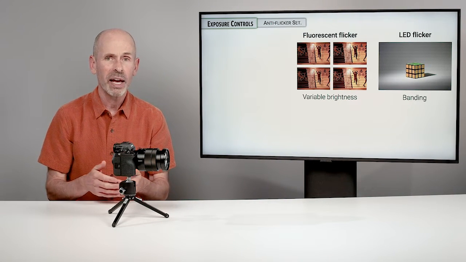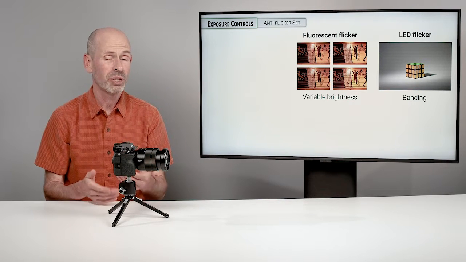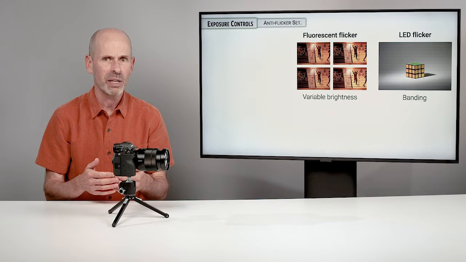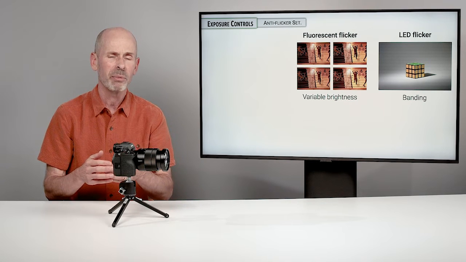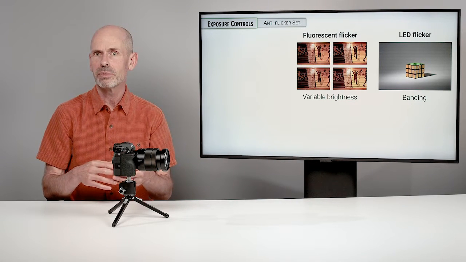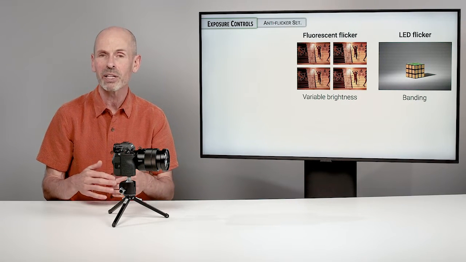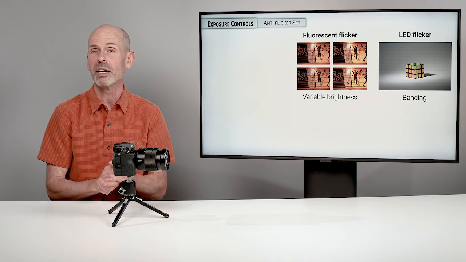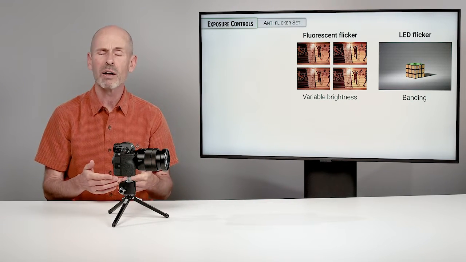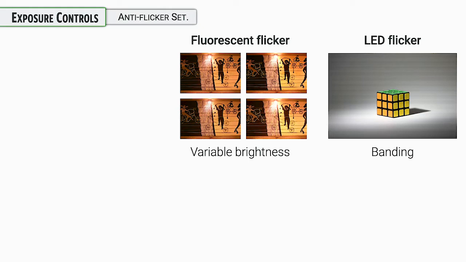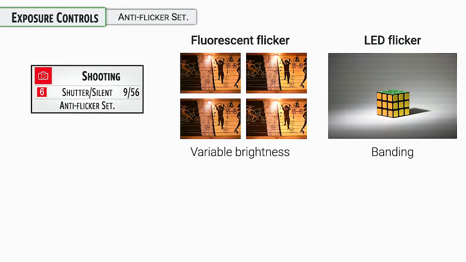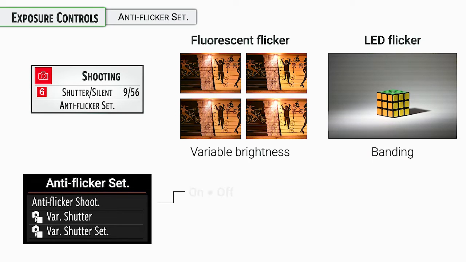And this is where the lights are going up and down and turning on and off very quickly, and your camera's sensor, as it's scanning in the information, is getting some blips between the lights going on and off because they're not actually on all the time. They turn on and off so quickly that our human eyes can't see it, but a technical device like a camera can. So in the shooting menu is an anti-flicker feature, and it's controlling two different things.